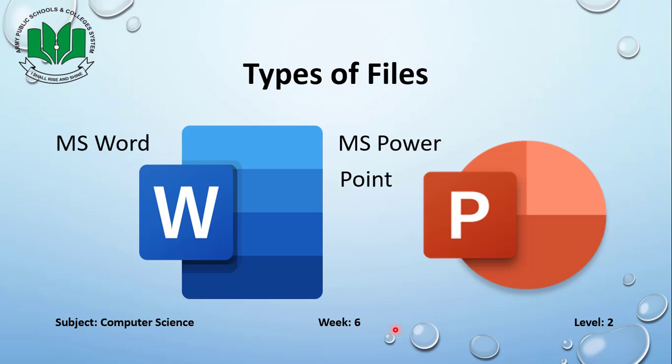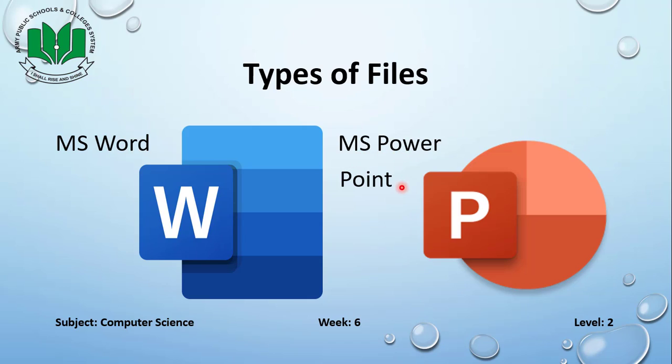These are some of the programs which are used to create different types of files. Microsoft Word or MS Word. It is used to write any story, poem, letter or information.